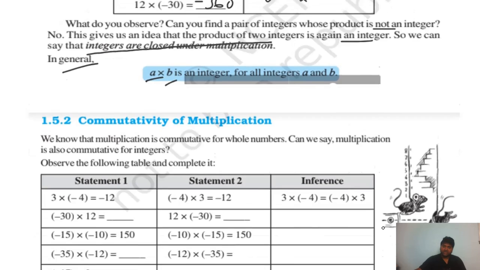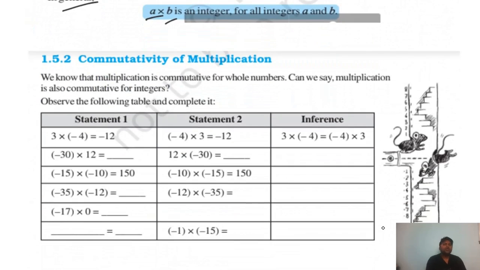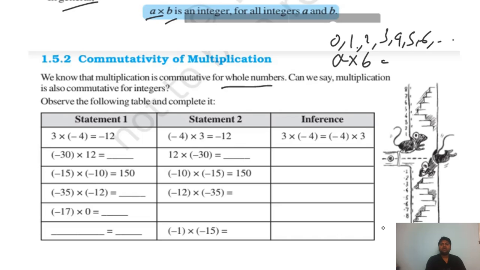Next we discuss the commutativity of multiplication. We know multiplication is commutative for whole numbers. When we multiply any two whole numbers a into b, starting from 0, 1, 2, as we discussed in the previous class, a into b equals b into a.